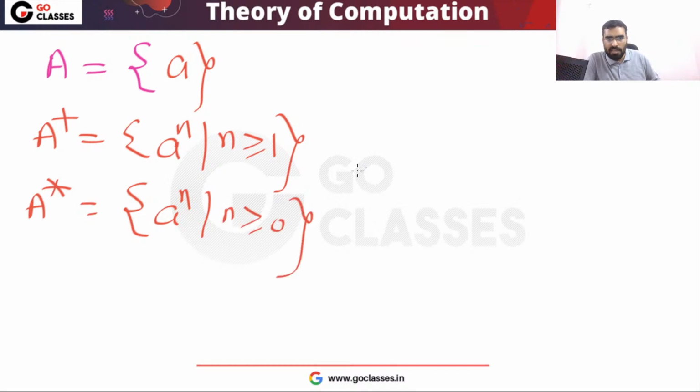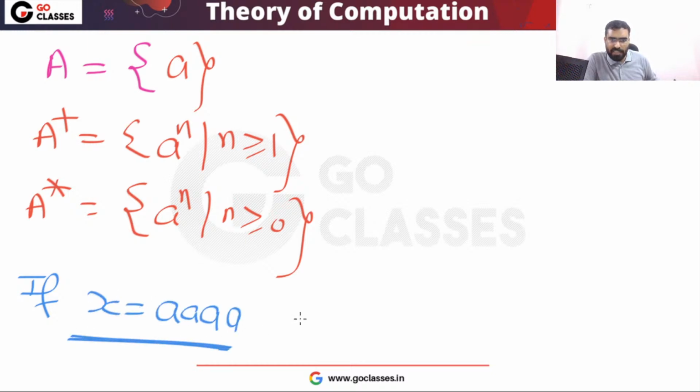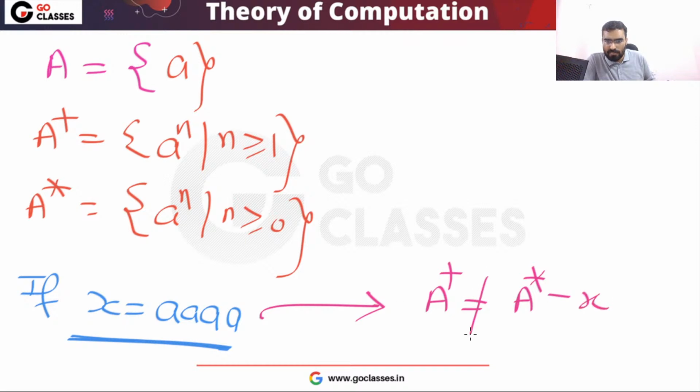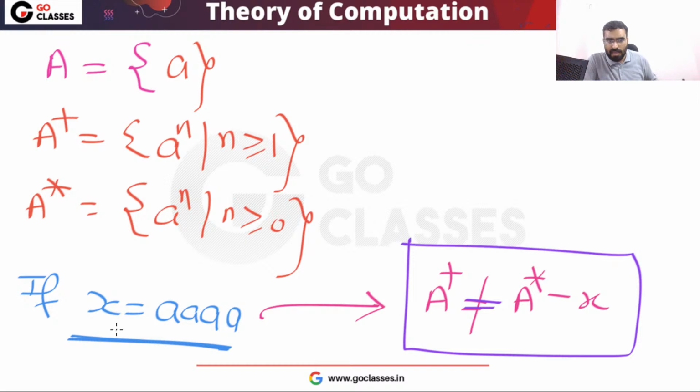Now if I take X equal to, for example, 4A, then A plus is not same as A star minus X. Do you agree or not? If X belongs to A plus, if X is 4A, then this will happen, correct?